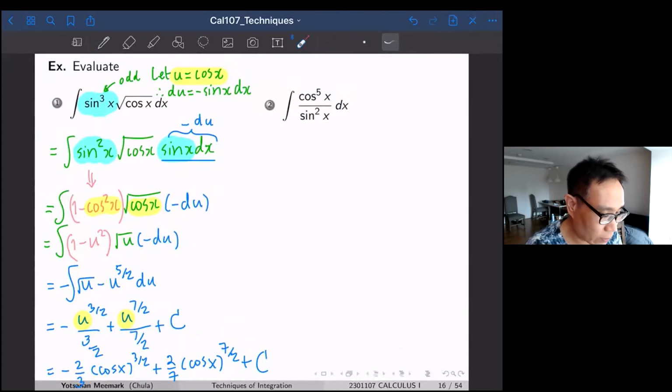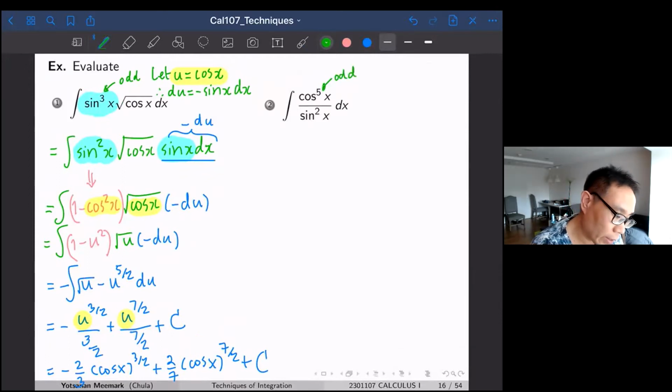The next one, you'd like to integrate cosine to the fifth. In this case, you have an odd power, and this 5 turned out to be 4 plus 1.